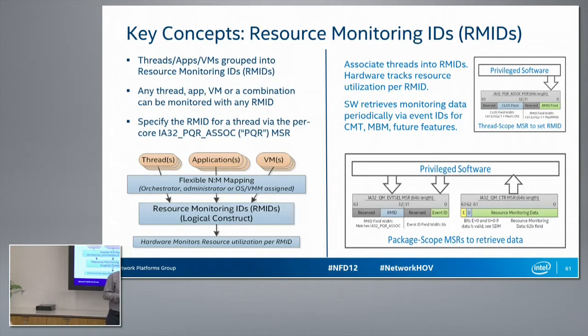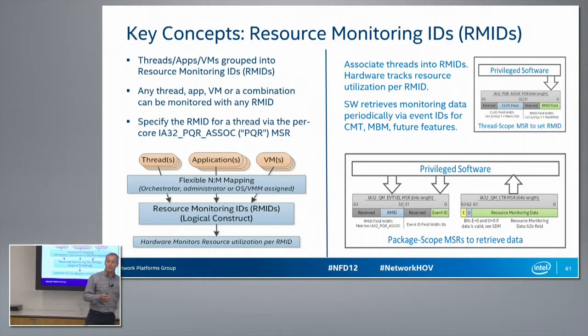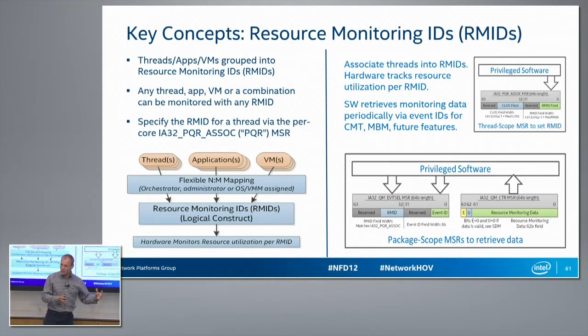Right? So let's say you set up an RMID for cache. Now you run for a period of time, then privileged software comes in and says, okay, what is the current occupancy of this application in my last level cache? And then if that's big, you can make a decision and adjust that class of service, which I'll talk about in a second.